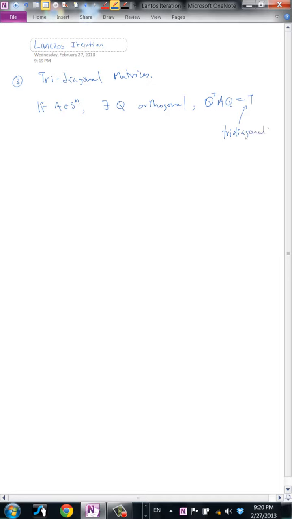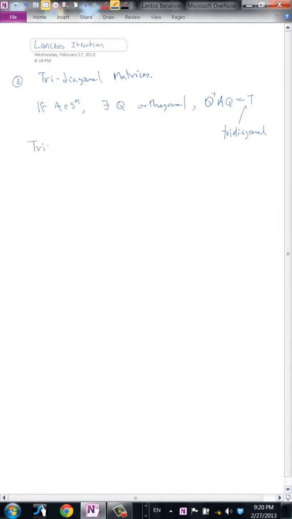Now, this is obviously true. If you know the spectral theorem, you know that if A is symmetric, we can diagonalize it. A diagonal matrix is obviously tridiagonal. But the point is that it's easier to find tridiagonal matrices than to diagonalize A. In fact, diagonalizing A is equivalent to finding its eigenvalues and eigenvectors.